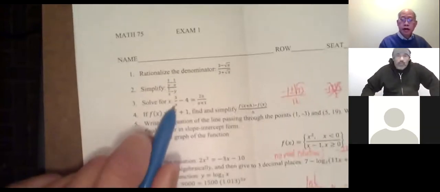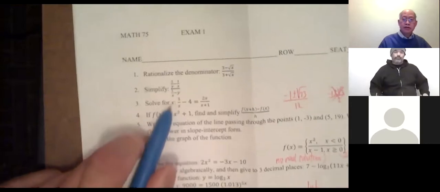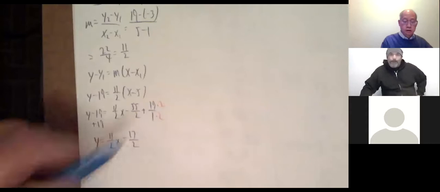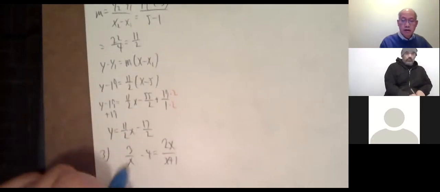All right. Welcome. Number 3, solve for x here. It's on the video, so I know I might be going fast, and you should already have the test there, but I'm writing it also. 3 over x minus 4 equals 2x over x plus 1. Okay. So the common denominator is x times x plus 1.